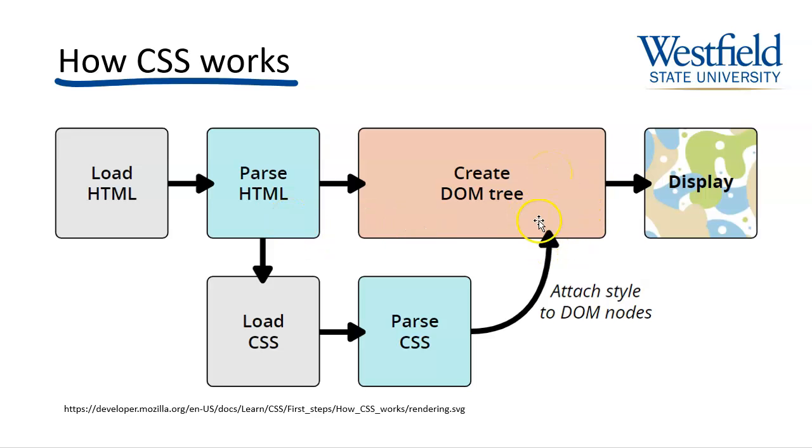And then as it's about to render the DOM tree into the display, it will look at all the CSS rules that it's collected for that particular element, and then it will apply all the style elements.